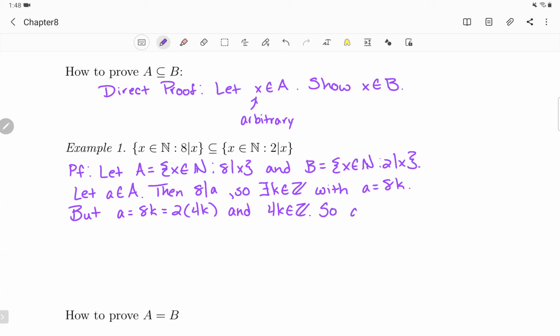So little a is an element of capital B. And if you want, for when you look back, you could say, so little a is an element of B since 2 divides a, but it's up to you if you want to say that. Therefore, capital A is a subset of capital B.